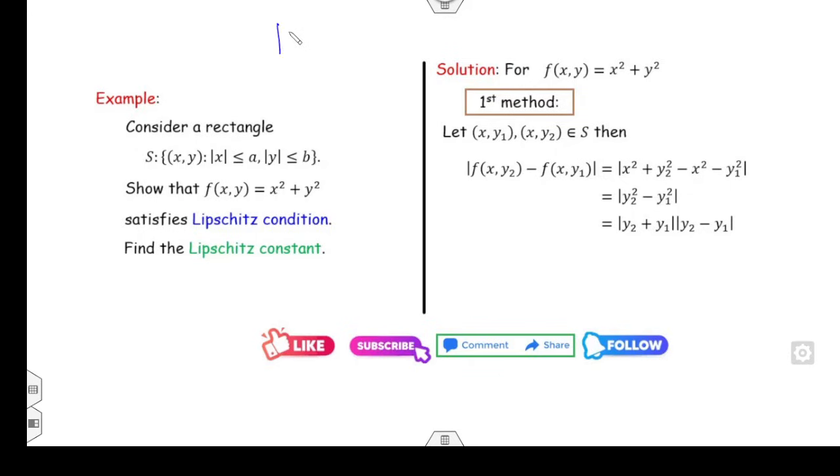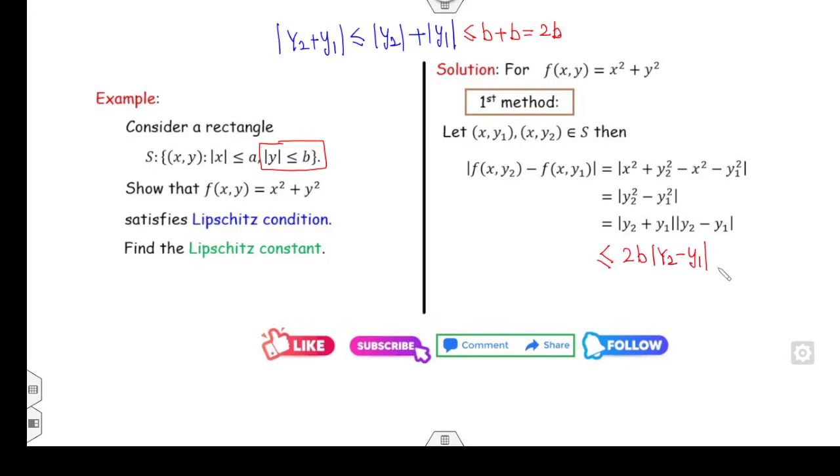Now we all know how you can write it: y2 plus y1 is less than or equal to mod of y2 plus mod of y1, and the value of y on the rectangle is less than or equal to b. I can write this number as b plus b, which is 2b. So this is less than or equal to twice b times y2 minus y1.